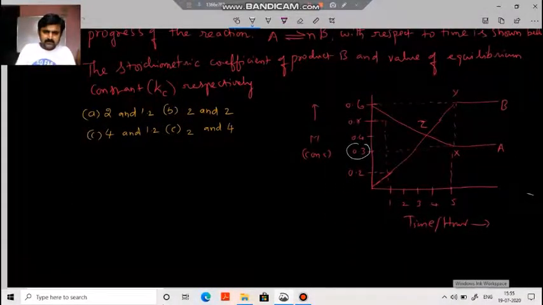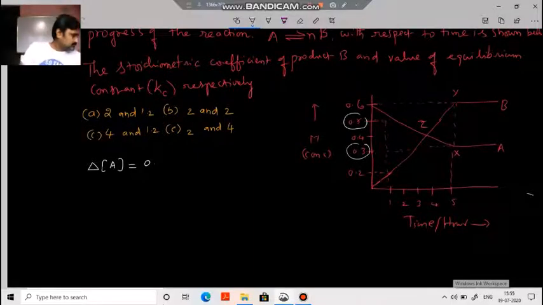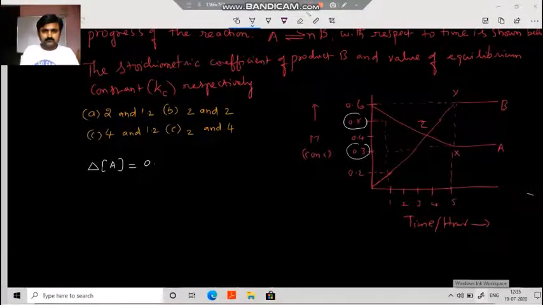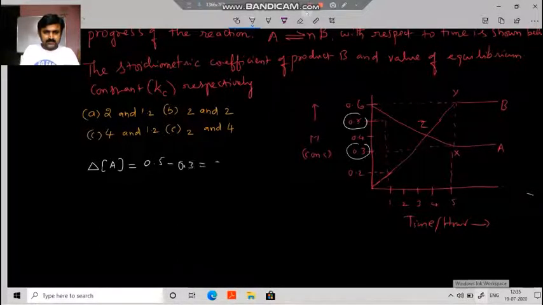Yeah, this is 0.5. Concentration of A at 1 hour is 0.3, after 5 hours it is 0.5. So what is the change in the concentration of A? It is 0.5 minus 0.3, so the answer is 0.2.